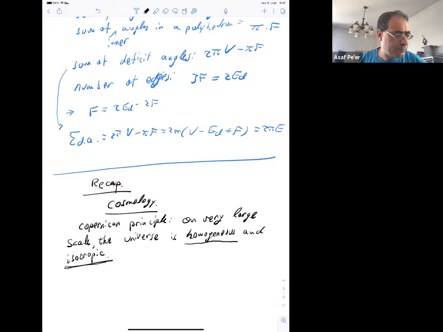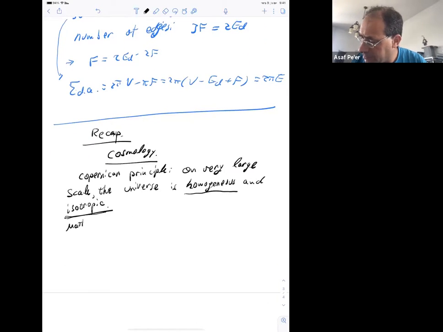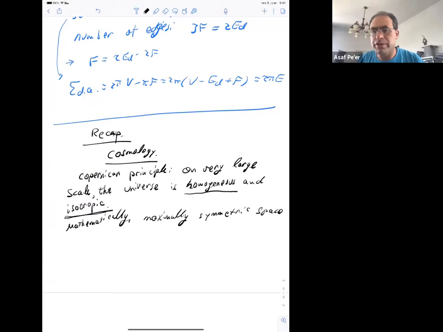Now, from a mathematical point of view, homogeneous and isotropic means a maximally symmetric space, which implies a maximum number of Killing vectors possible in that space.